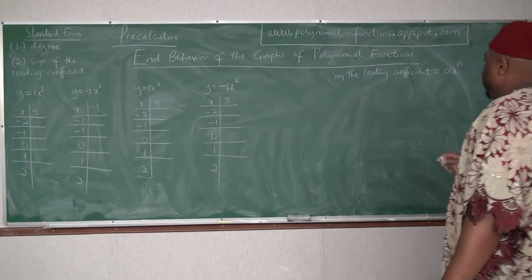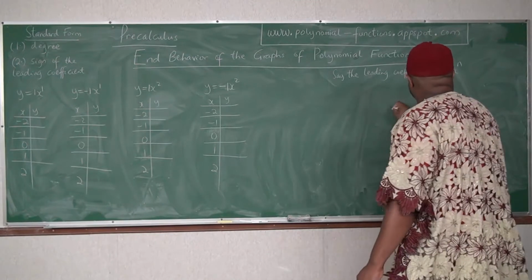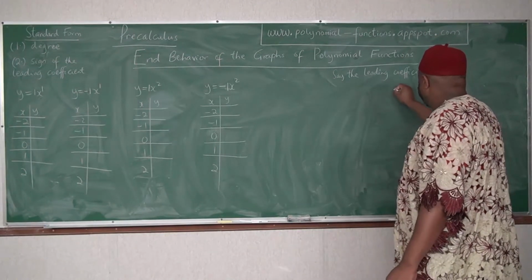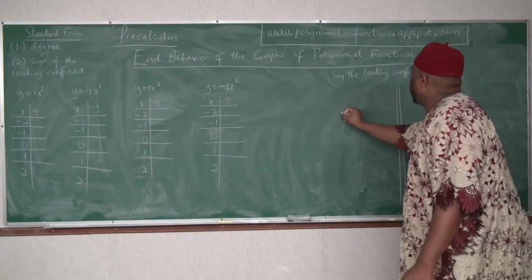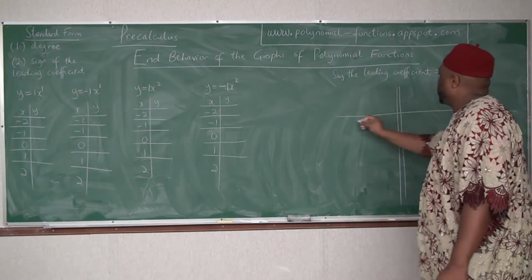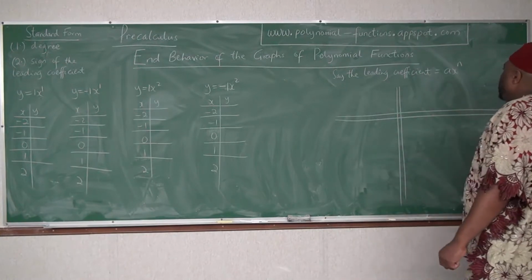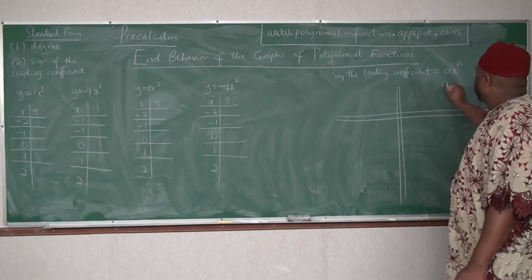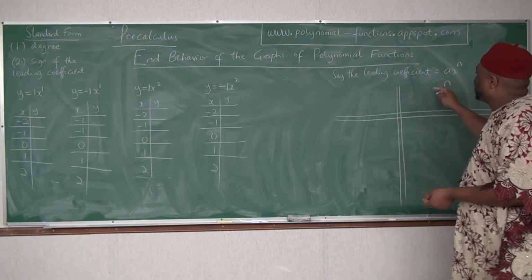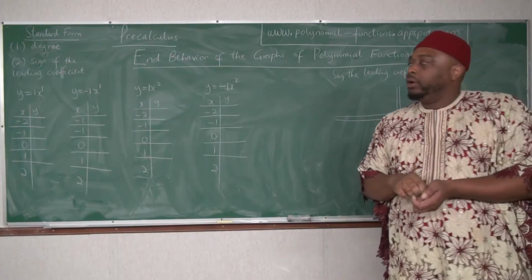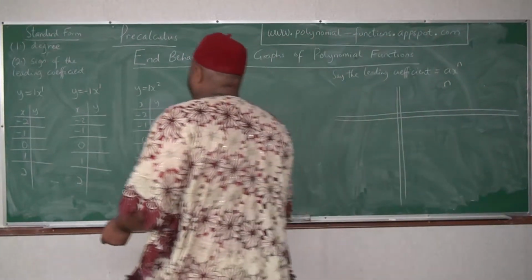I'm going to come here and draw 2 lines. So I'll have here n. n is the degree.